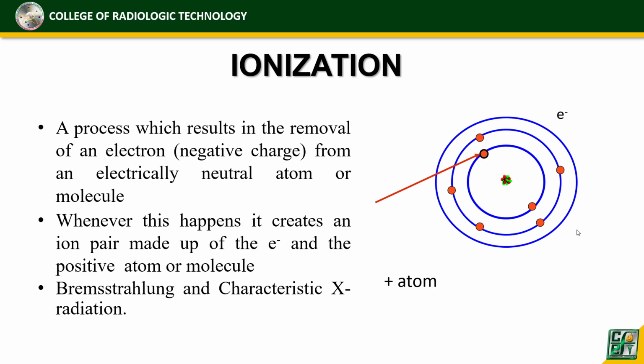So di ba, may change of direction yung ating projectile electron at the same time, mayroong decrease of energy kasi nag-slow down yung ating projectile electron. And yung nawalang energy doon sa projectile electron was converted into Bremsstrahlung radiation.